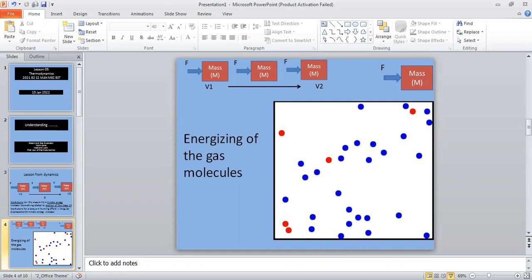You should be familiar with internal energy.